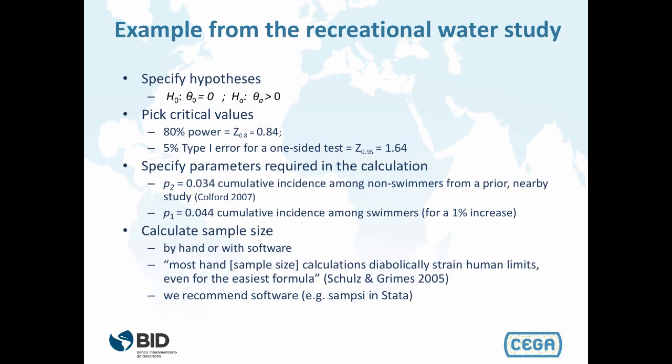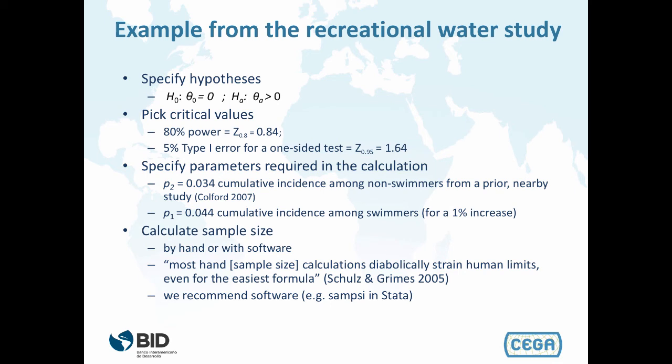So now let's go back to our example of recreational water study. Our specific hypothesis is the null, there's no effect. The alternative, there's a positive effect. We pick our critical values, say 80% power, and we'll pick a 5% type 1 error for a one-sided t-test.